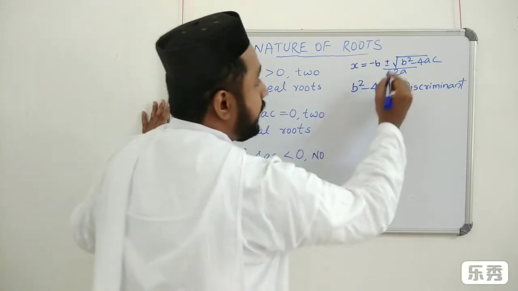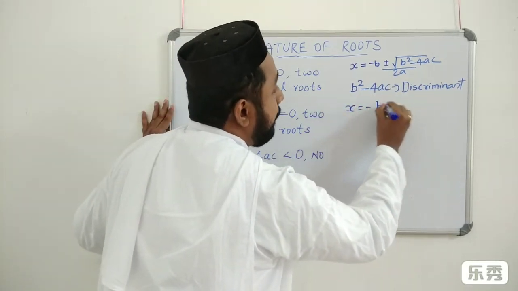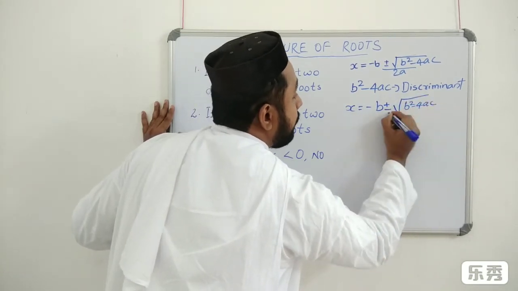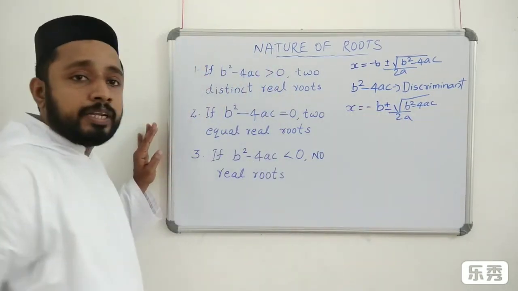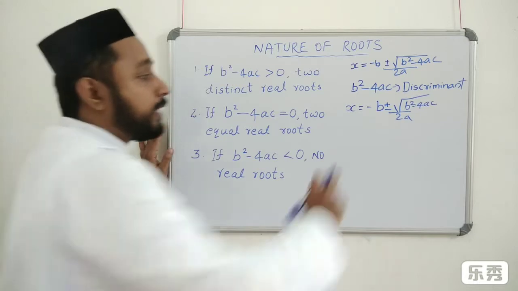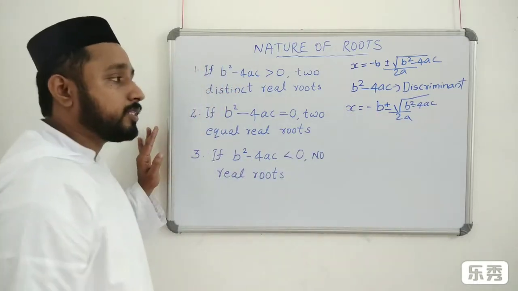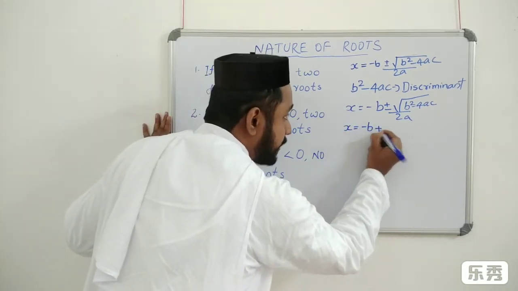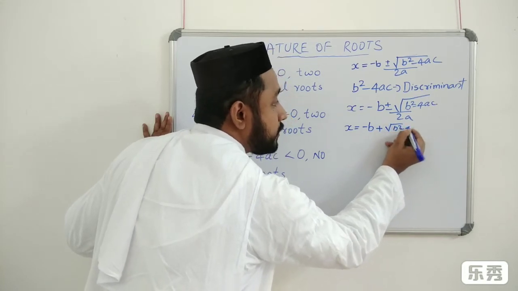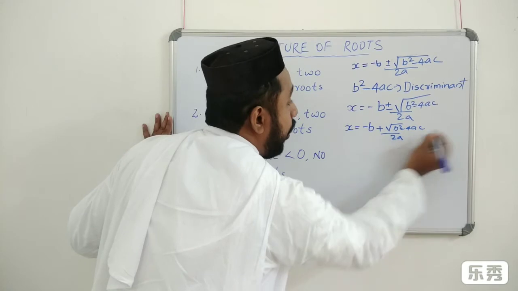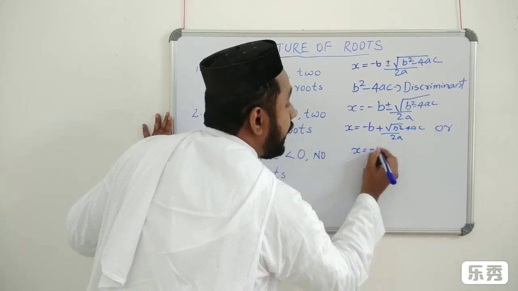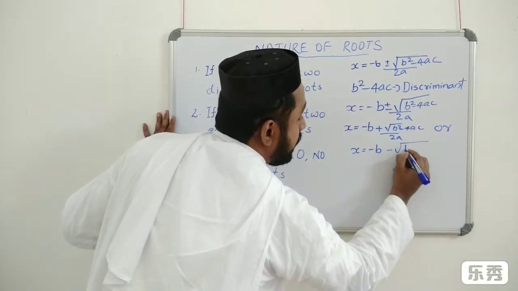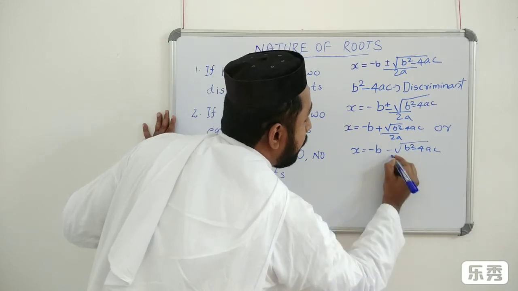We have x = (−b ± √(b² − 4ac)) / 2a, which means x = (−b + √(b² − 4ac)) / 2a, or x = (−b − √(b² − 4ac)) / 2a.